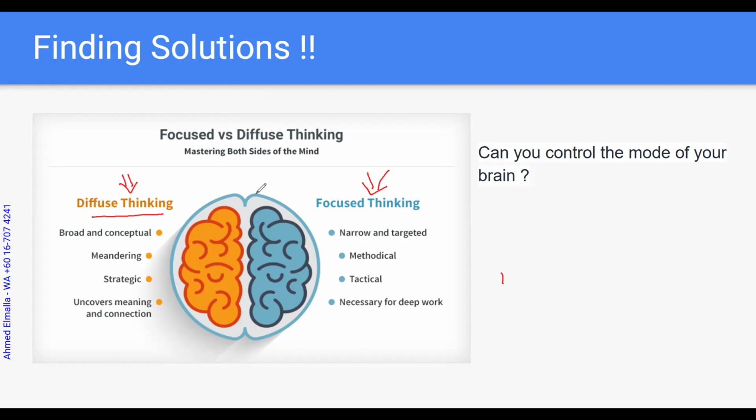But how to trigger the diffuse thinking mode while you are in an exam? Did you ever study processors? How the processor of the computer works? Yes, I did last year. Okay, good. So did you learn about dual processing or dual core? Dual core or dual processing? I did.